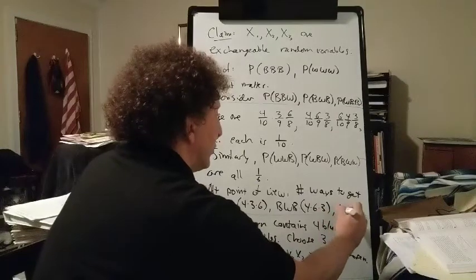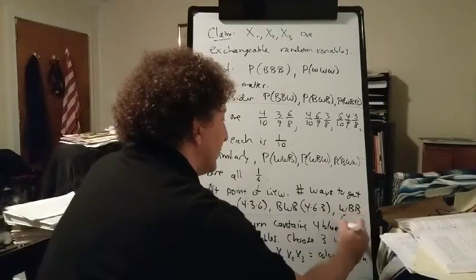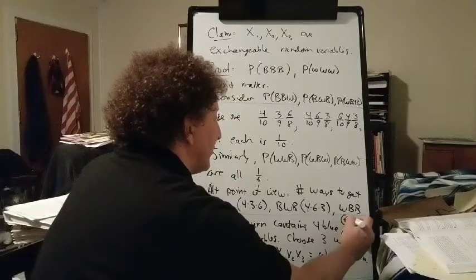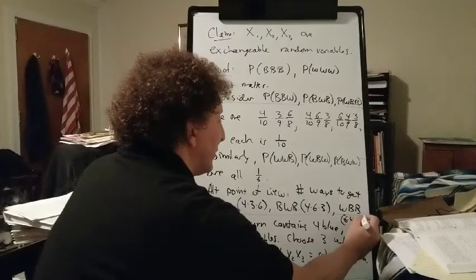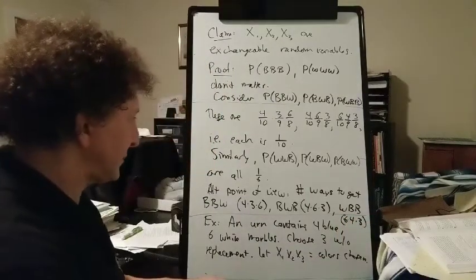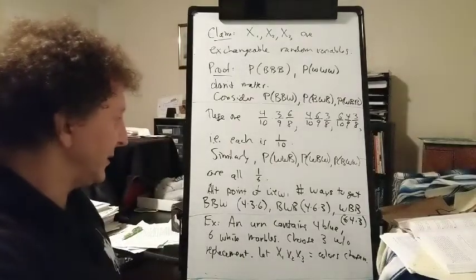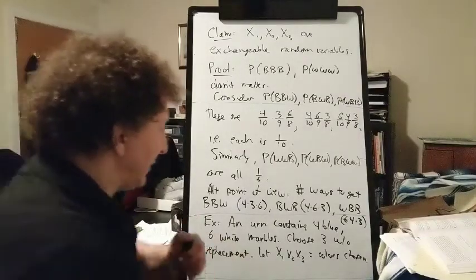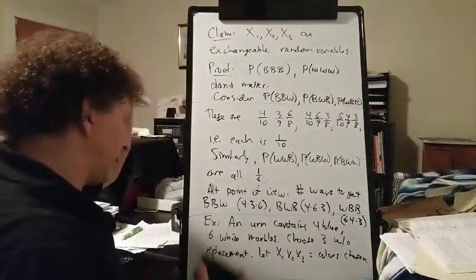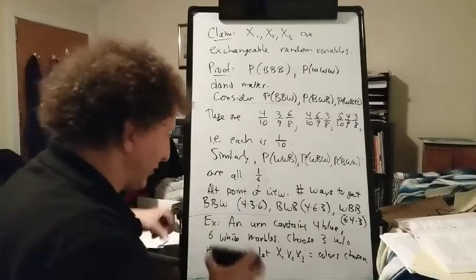And white, blue, blue: 6 ways to get the white, 4 ways to get the first blue, 3 ways to get the second blue. If we look at it this way, maybe it's clearer that we're multiplying the same numbers, just in different orders.